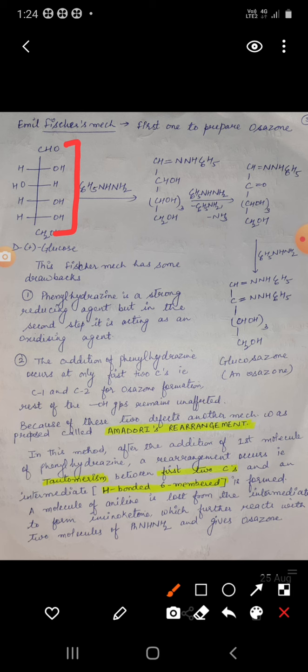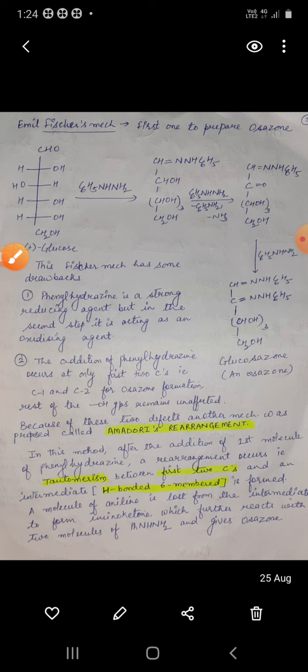First of all, let us look at the mechanism. This glucose molecule is reacted first with one molecule of phenylhydrazine. While doing the reaction, we put excess phenylhydrazine hydrochloride in the reaction vessel, but initially this molecule reacts with only one molecule of phenylhydrazine and forms this particular intermediate.